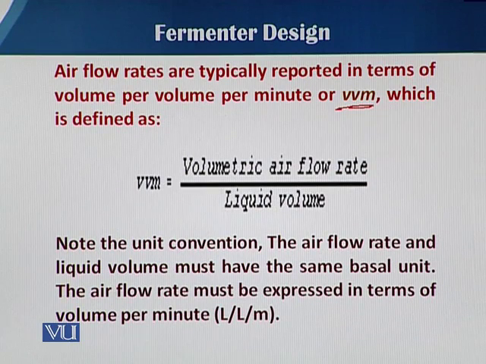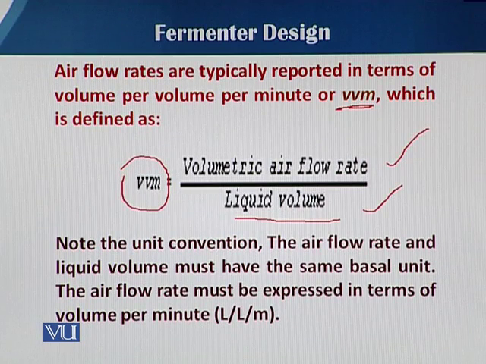If we want to calculate the flow rate in terms of VVM, the volumetric air flow rate is how many liters of air is supplied per unit time to the fermenter, and then the liquid volume is how many liters of liquid there is. So in both cases, liter over liter.